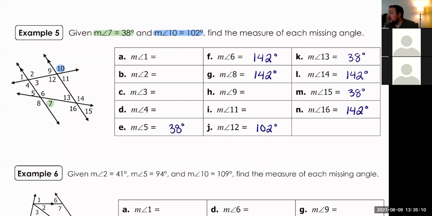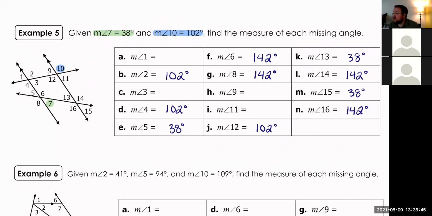12 and 4 are corresponding. There's another 102 degrees. 4 and 2 are vertical, or I could have said 2 and 10 are corresponding. So there's another 102 degrees. All that's left now is to figure out that missing value, which I would go back to angle 10 and say, maybe 9 and 10, linear pair, therefore add up to 180 because they're supplementary.